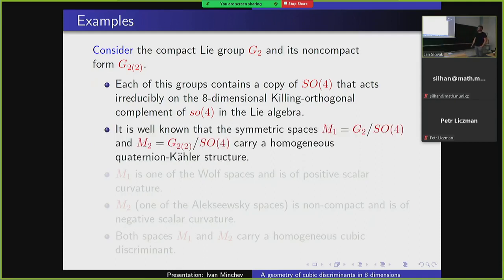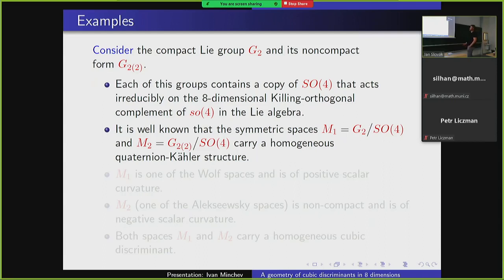Each of these Lie groups contains a copy of SO4, which acts irreducibly on an 8-dimensional vector space, the Killing orthogonal complement of SO4 in the Lie algebra.